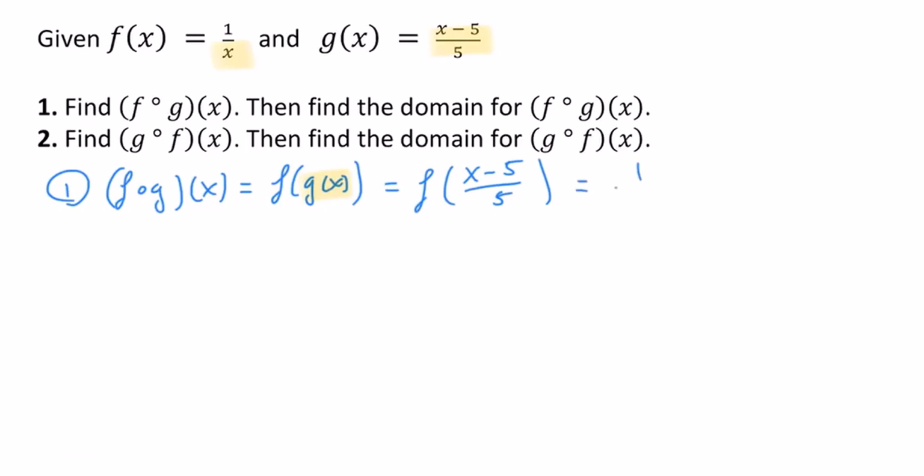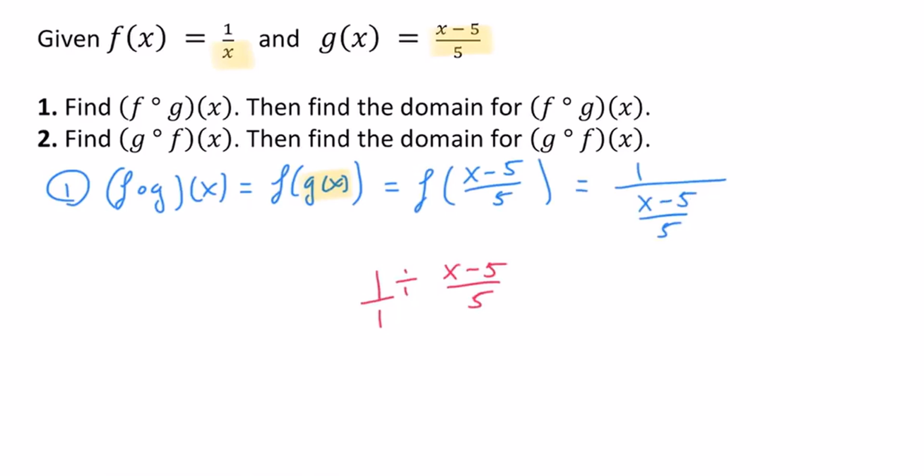So we have 1 over (x - 5)/5. Now this means that we have 1 divided by (x - 5)/5, and 1 is 1 over 1.